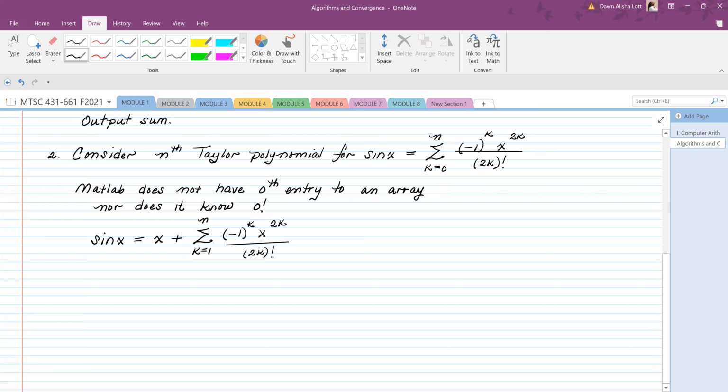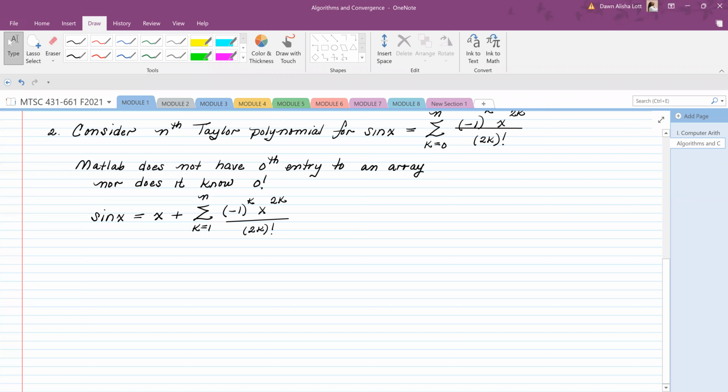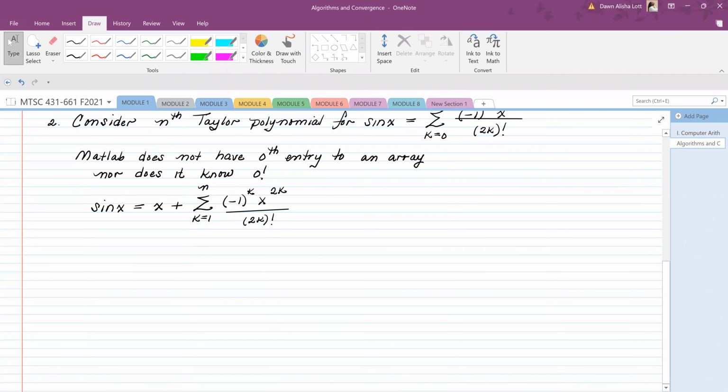So any ideas about how I'm going to do this if I'm going to code this problem? What we're going to need as input, I'm going to need to know the x I'm evaluating this at. I'm also going to need to know n because I need to know how many iterations of this I'm going to do.